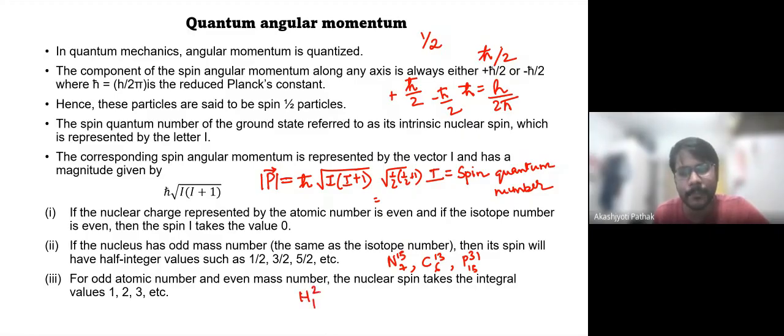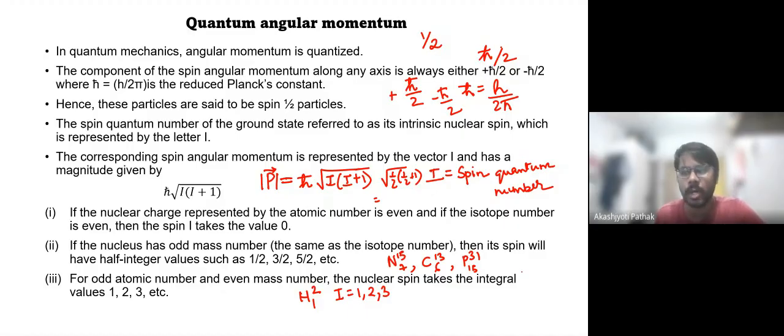An example is deuterium, 1:2, an isotope of hydrogen. It has an odd atomic number and even mass number. These nuclei will take integral spin quantum numbers like 1, 2, 3, and so on. So there are three cases.